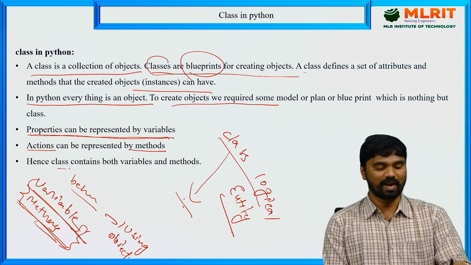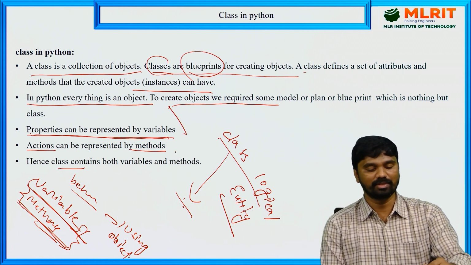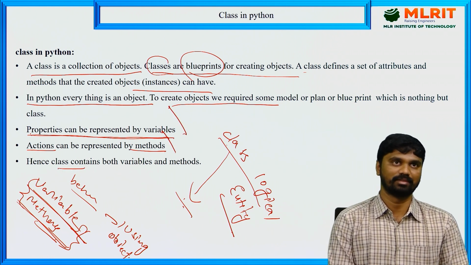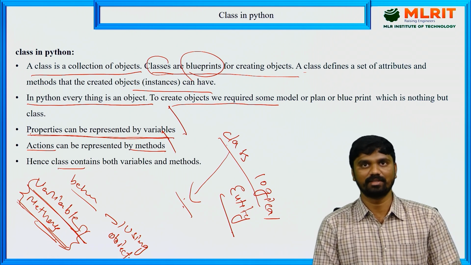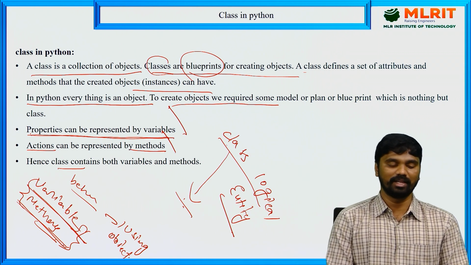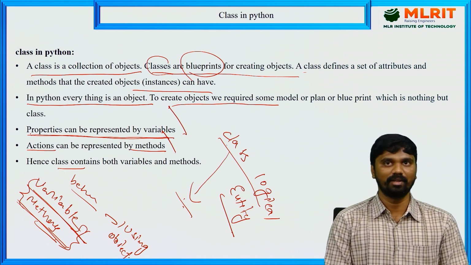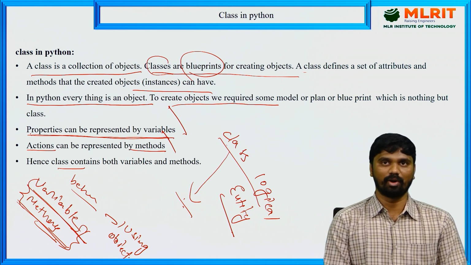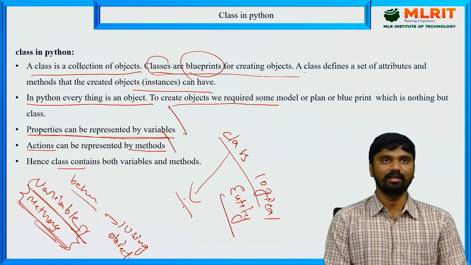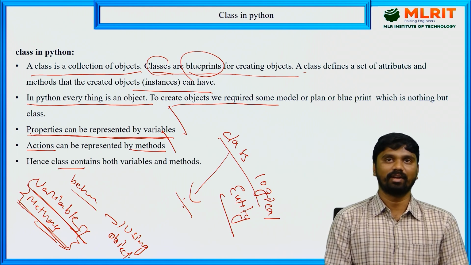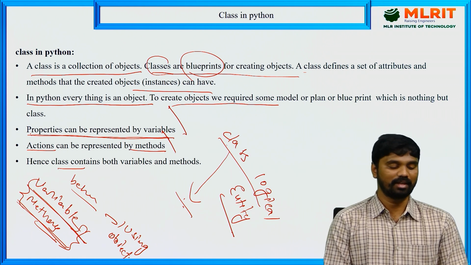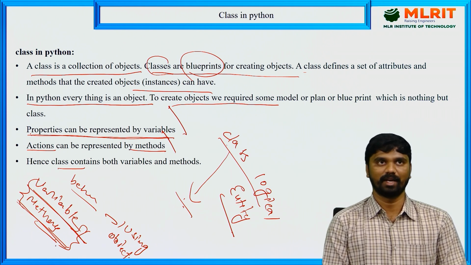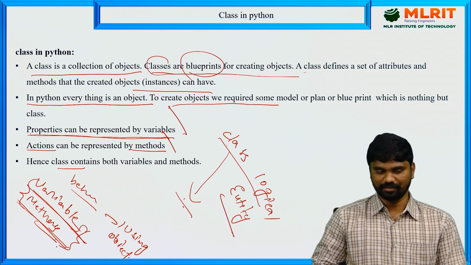Hence the class contains both variables and methods. So simply, a class is a logical entity and a blueprint which is used to create objects. It contains the variables and methods for the data.